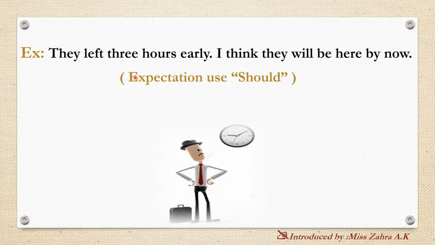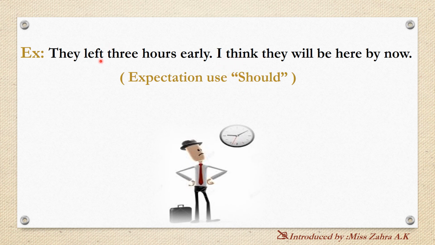So expectation، السؤال هو expectation use should. هنا حدد لي التوقع، استخدم should، حدد شنو اللي أريدها should، أو ممكن ما راح يقول لي should، تلقائيا راح أستخدم should باعتبار عندي I think.